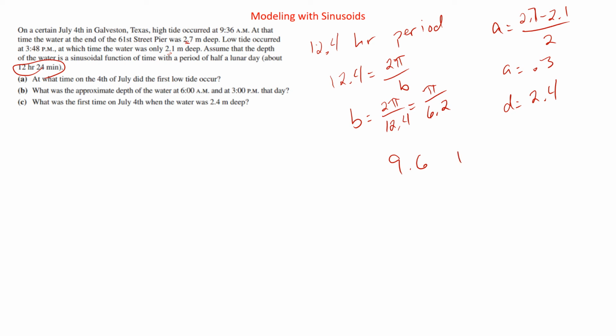So we have 15.8. If we find the average of these two, that's going to be the middle point between them. So we can add them together and divide by 2.